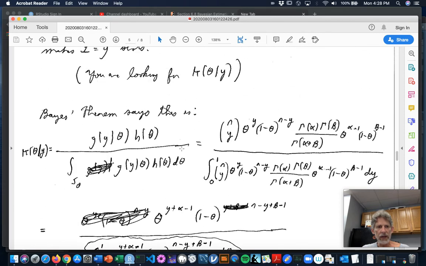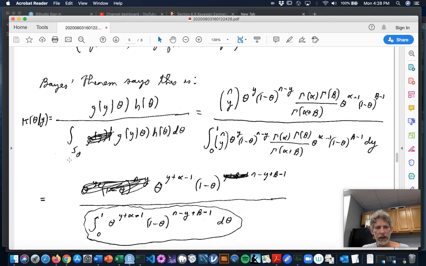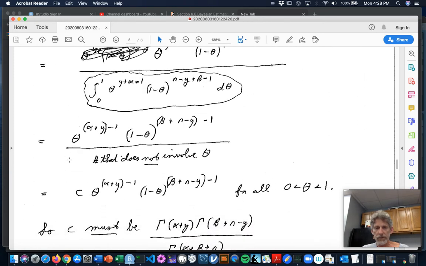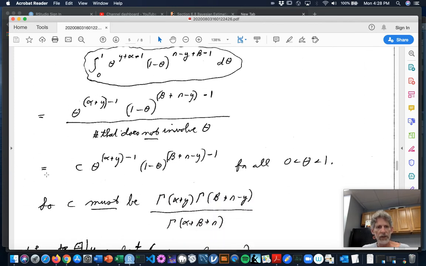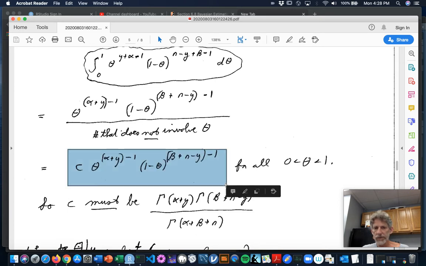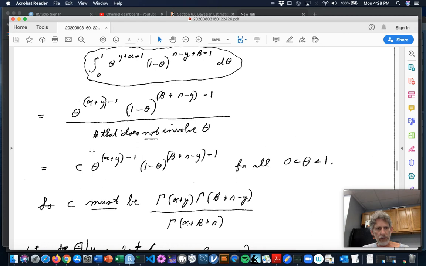And so that is your chance for theta given y for all your thetas. Okay. So this is your posterior PDF for the theta given y. It's a PDF. And you know what?